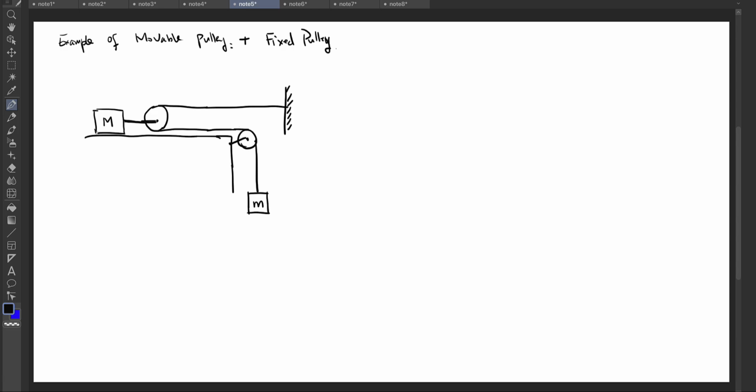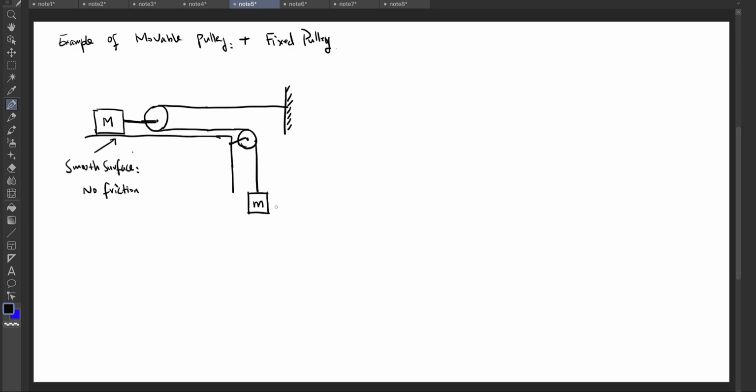Now we want to neglect the friction force, so the surface here is smooth, which means that there's no friction if the object M moves. Okay, and also exactly because of that condition, there's no friction here.